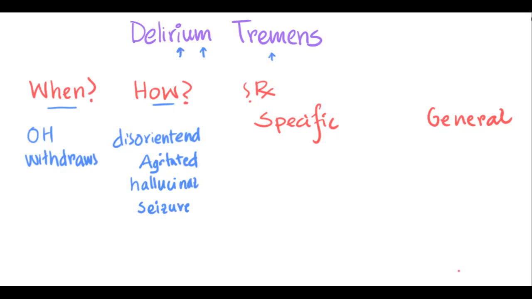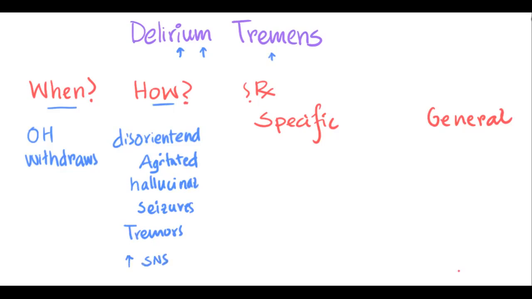Tremens, remember tremors. The patient often has tremors, seizures, and tremors. Along with those neurologic manifestations, the patient will also have some cardiovascular manifestation due to the overactivation of the sympathetic nervous system.